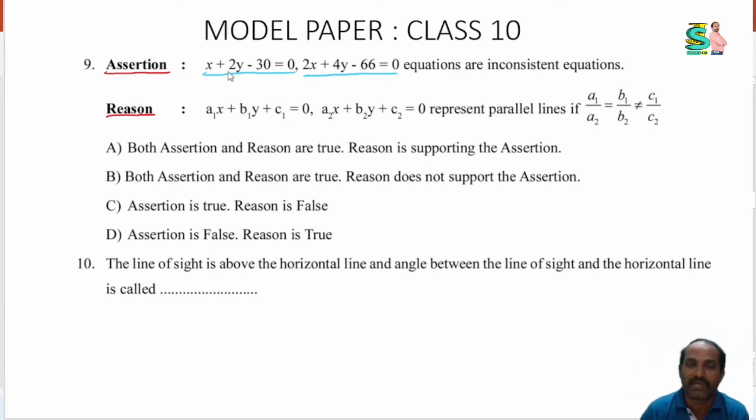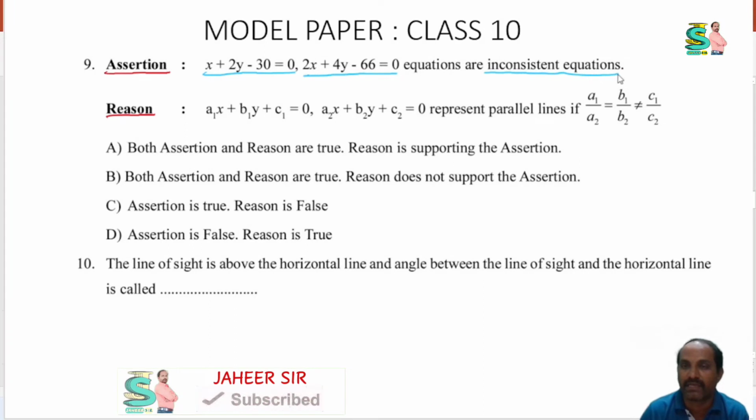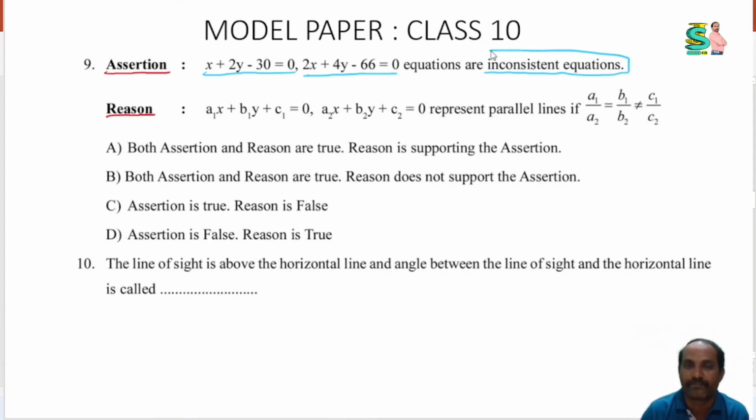Sorry, x plus 2y minus 30 equal to 0, and 2x plus 4y minus 66 equal to 0. Two equations are given, and it is said both are inconsistent. What is inconsistent? Inconsistent means lines which meet in one place or two places or many places.